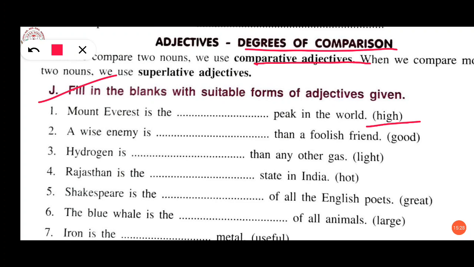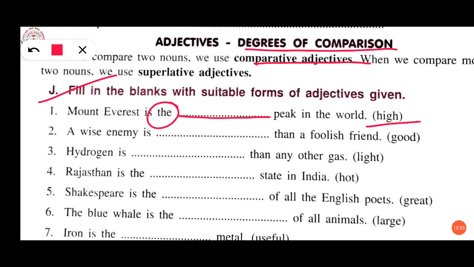Here students, how can we understand which form of an adjective, comparative or superlative, we have to use? Remember this: if the is given before the blank, you have to use the superlative adjective. It means high, higher, highest.